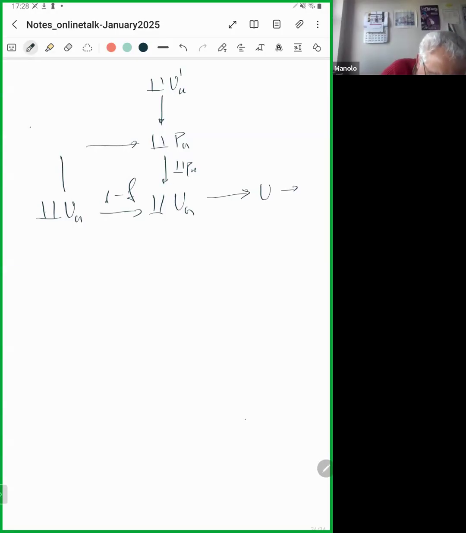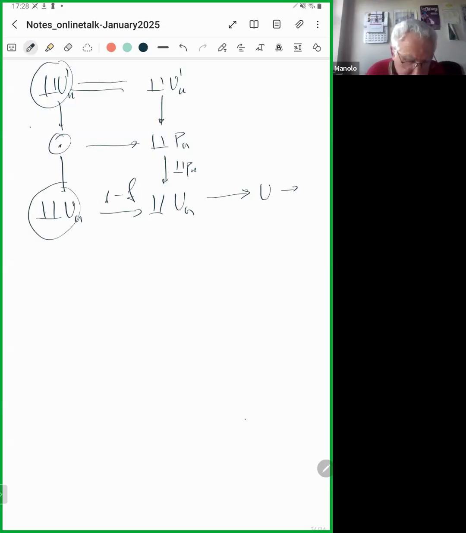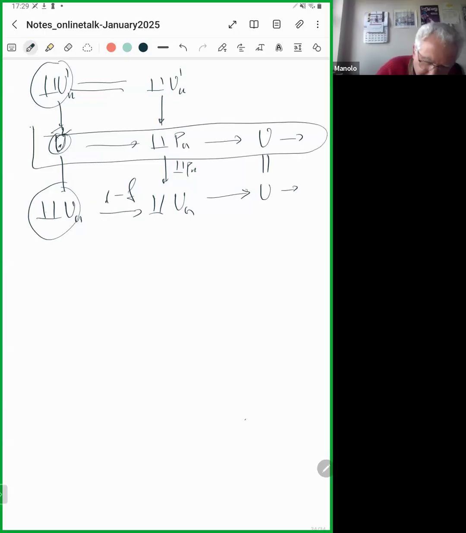Because of this construction, due to the octahedron axiom, you see that this is in the middle of a triangle where the outside vertices are in U. If you complete by the octahedron axiom, and call this U tilde, for instance, then this is your desired triangle.